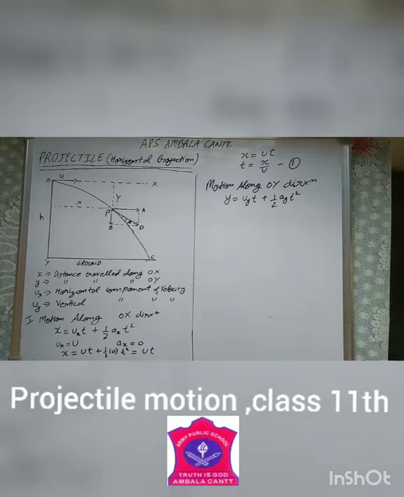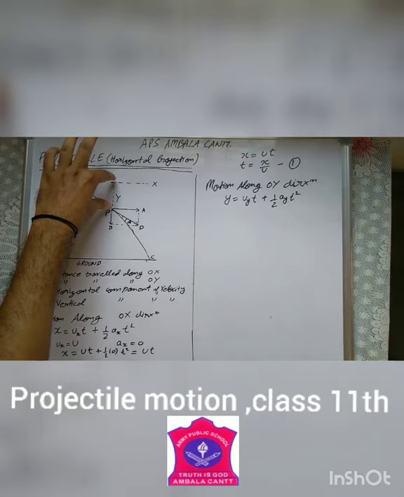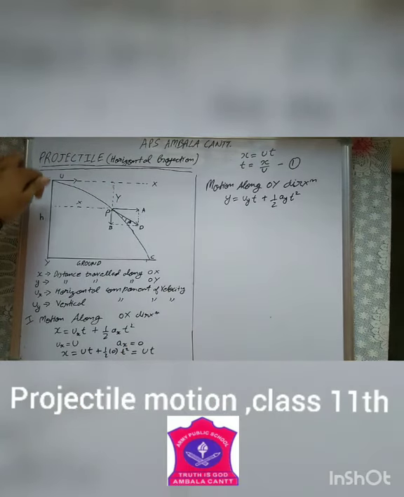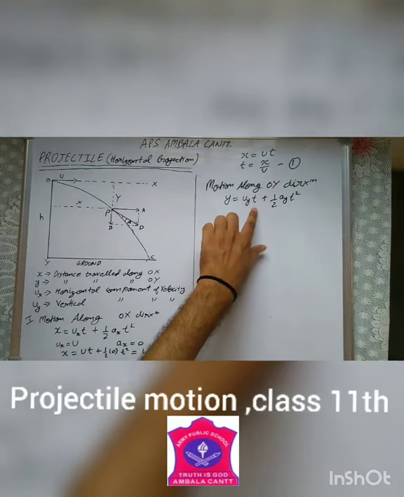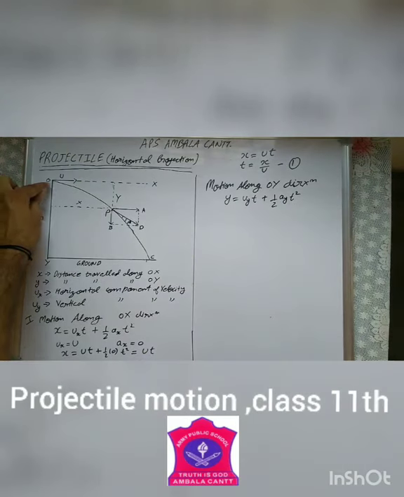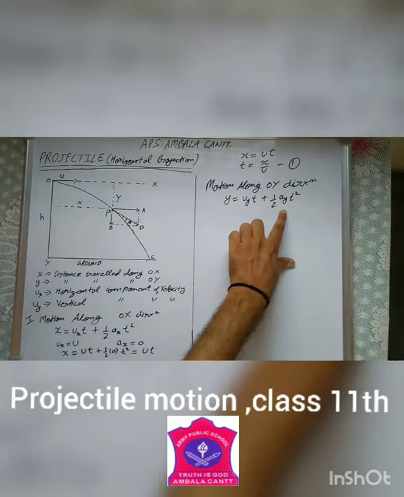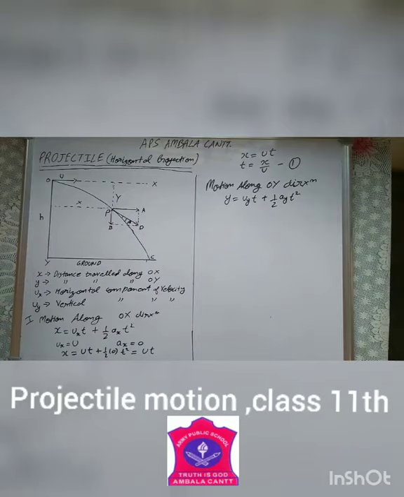Similar to the previous problem, y is the distance traveled along the Oy direction. Uy is the initial velocity given to the object along the y direction. T is the time taken by the object in traveling from O to P, and ay is the acceleration felt by the object in the downward Oy direction.